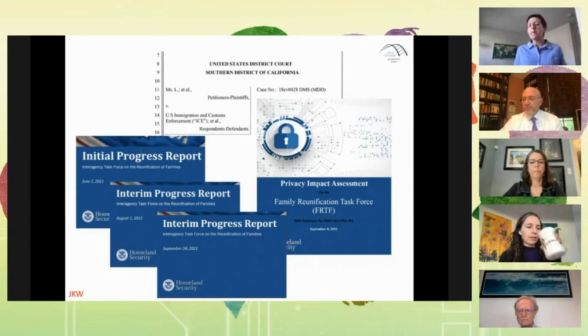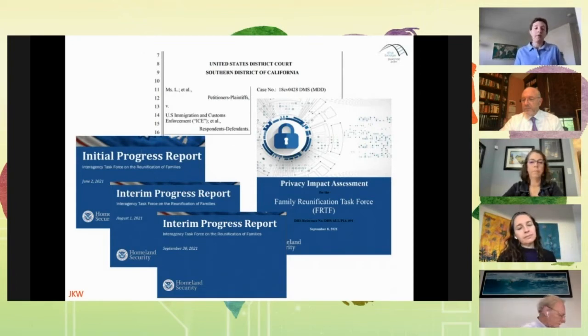And then there's this streamlined data set that is made available for task force purposes on a need-to-know basis. Okay, and then of course they have this new website, together.gov, for self-disclosed information, where individual family members can come forward and provide details in the hopes that there might be a reunification eligibility determination.